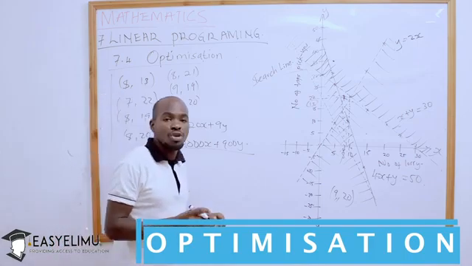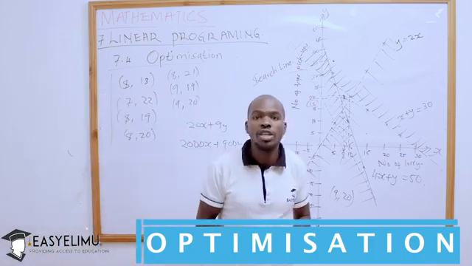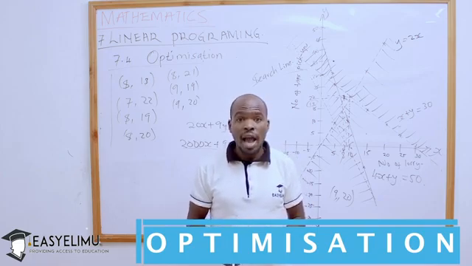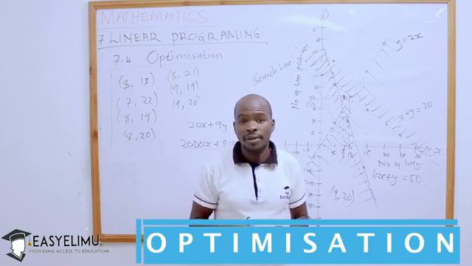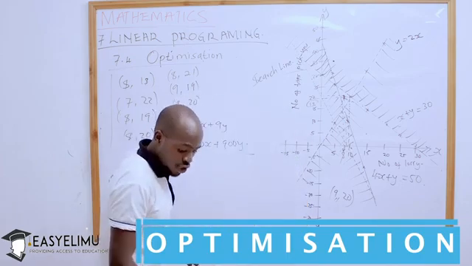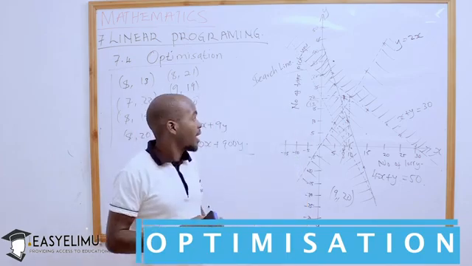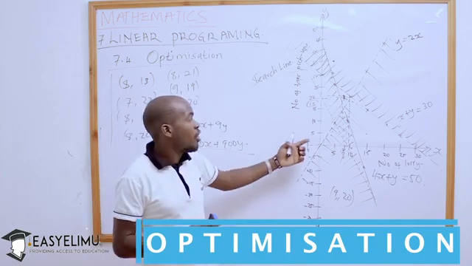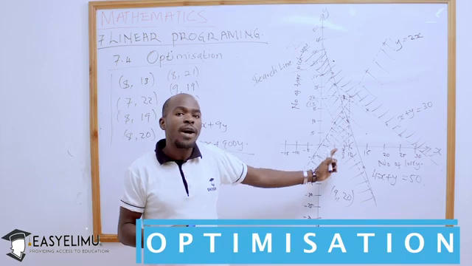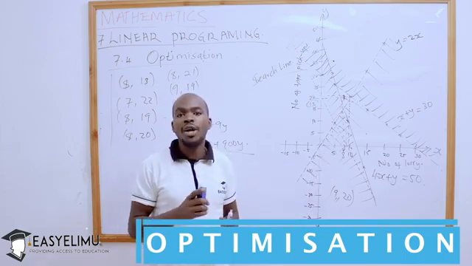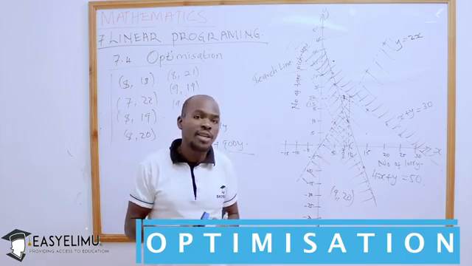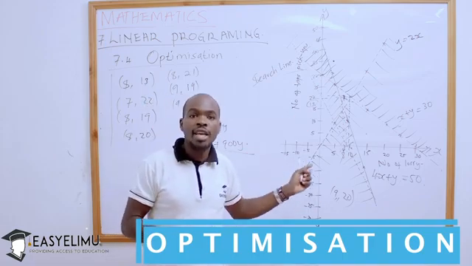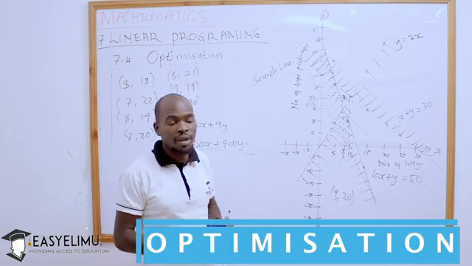You can use that approach to solve any problem pertaining to linear inequalities where you need to maximize or minimize. So with that, we can conclude that the process of finding a maximum value or a minimum value is what we refer to as optimization. And the whole process of what we have just done here is what we refer to as linear programming.